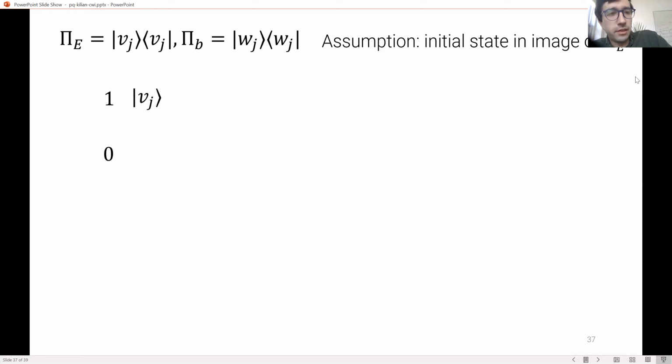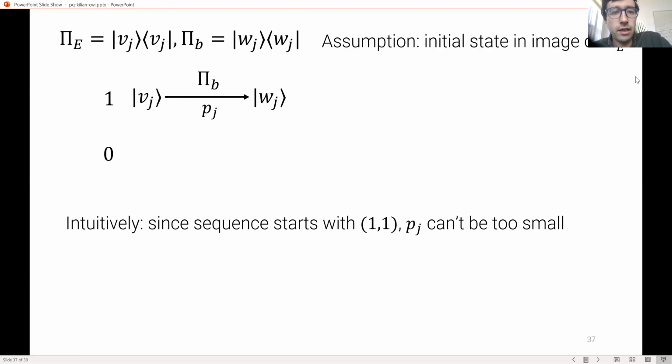So this means that if you focus on a single subspace, then we start in the state v sub j for some j, and we know, because of the way we defined everything, that the application of this pi sub b measurement has a 1 outcome, which means we move from vj to wj.